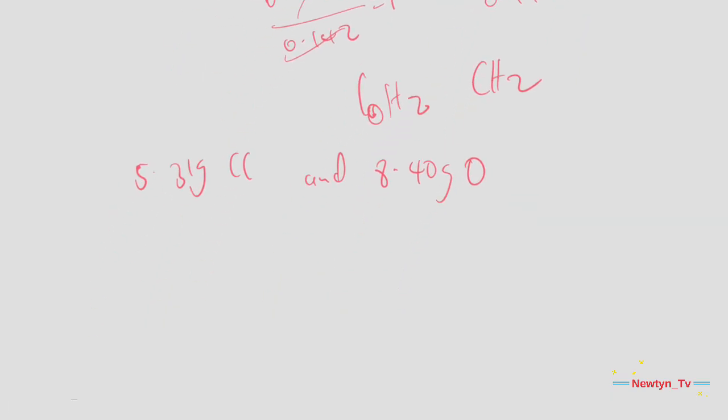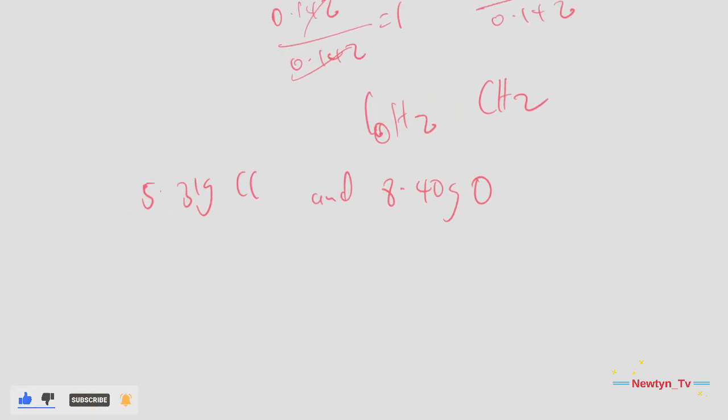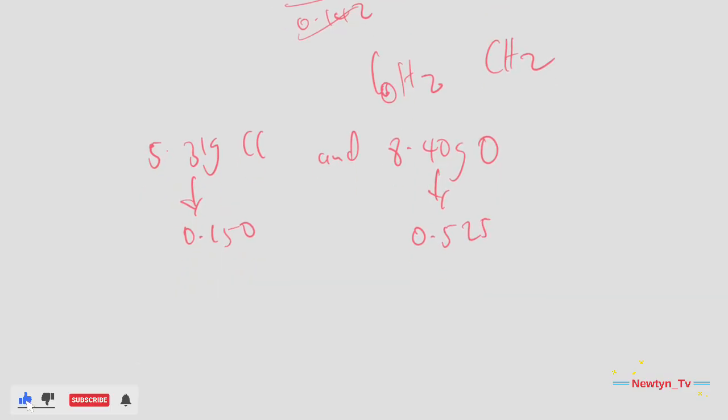Or you can pause the video and do it. For Cl you should get 0.150, and for the oxygen you should get 0.525. Now we look at the smaller number, which is 0.150, so we divide each by 0.150.